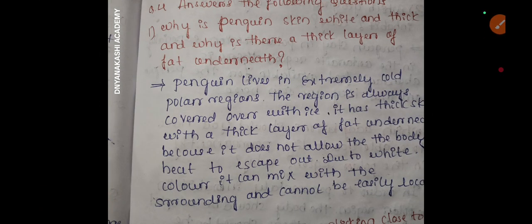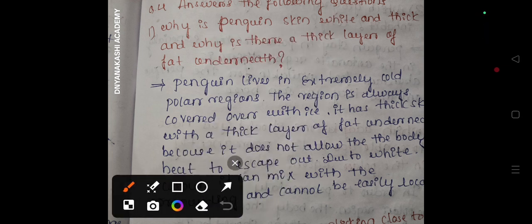Next we are going to discuss the next questions. Question number 4. Answer the following questions. First question: why is the penguin's skin white and thick, and why is there a thick layer of fat underneath? Penguins live in the polar region.